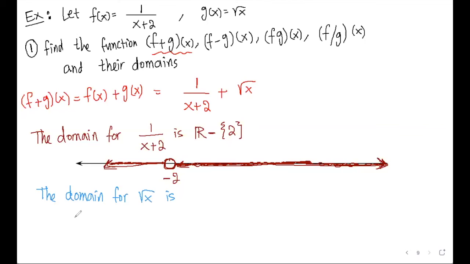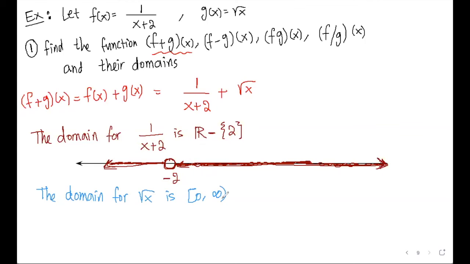Here I get the question, can you just set them equal to each other to find the intersection? No, this is wrong. So I'm going to show you how to find the intersection. By this step, you can find it. The domain for the first function is all the numbers except -2. And the domain for this one is all the numbers from 0 to infinity.